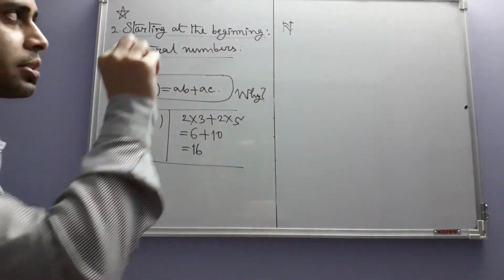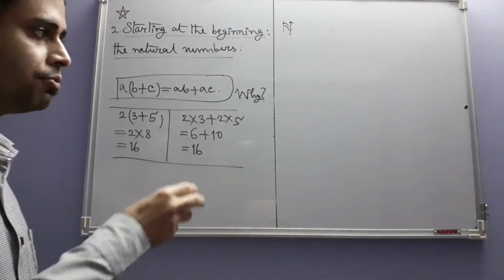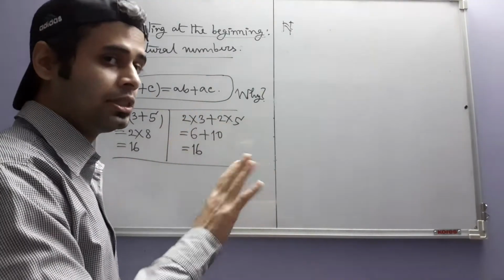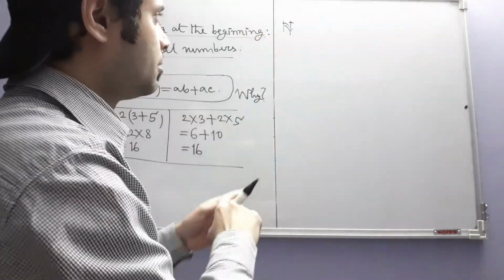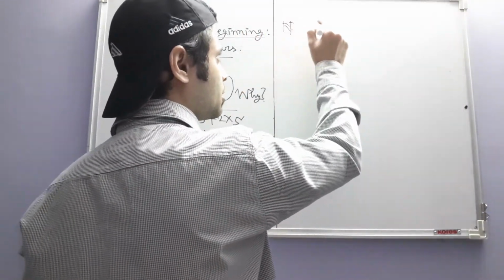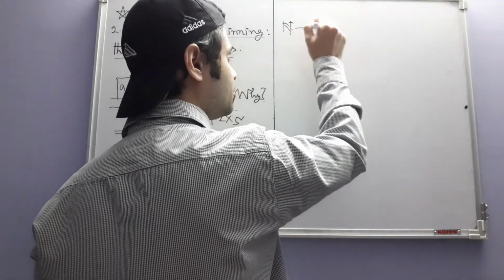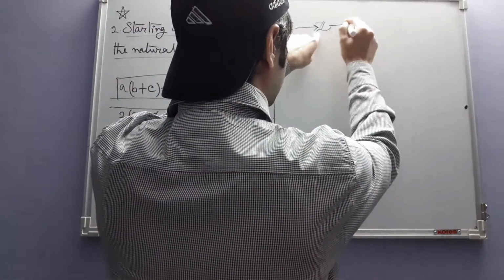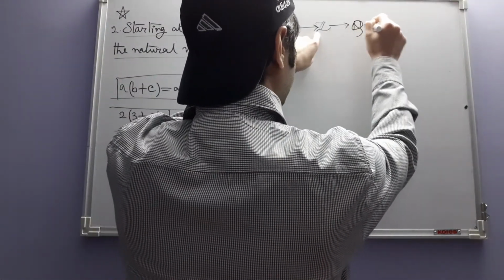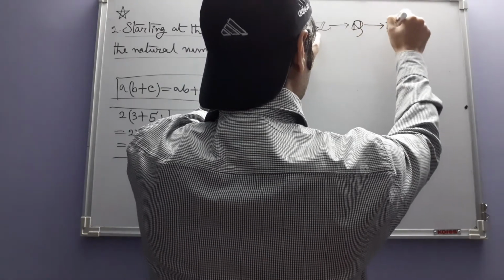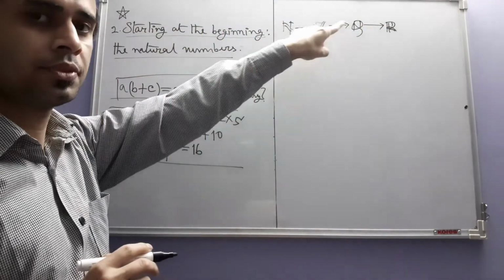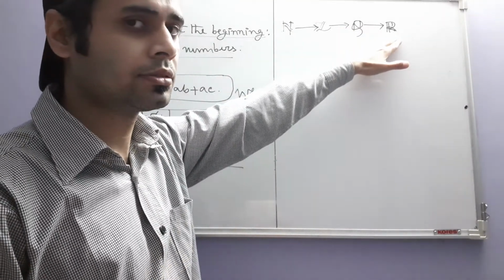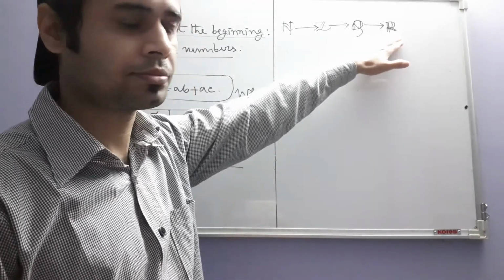Now once we have constructed this system, once we have proved the laws like this that we already know, or we think we know, then we are going to use the system of natural numbers to construct the system of integers. Then from that we will construct the system of rational numbers and then ultimately the system of real numbers. So we have to get to this, then only we can start analysis or we can start doing calculus.